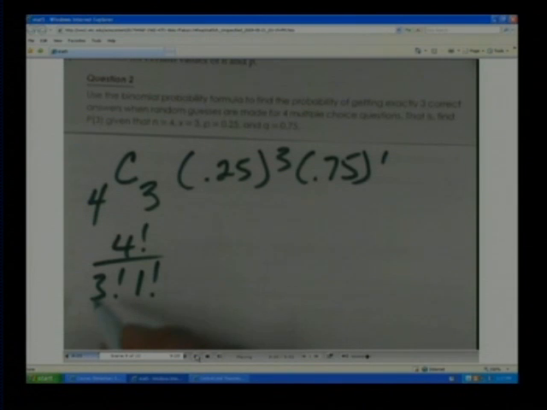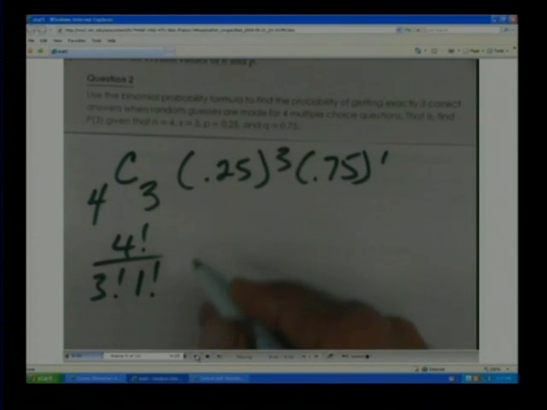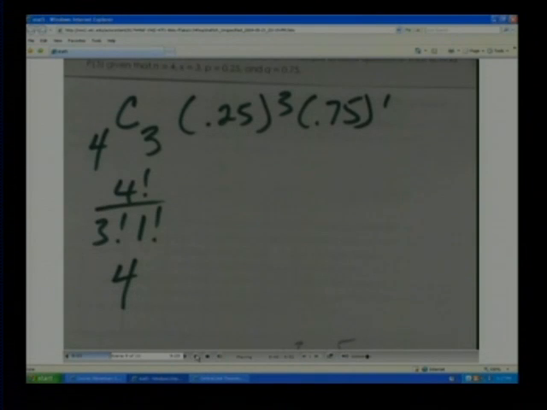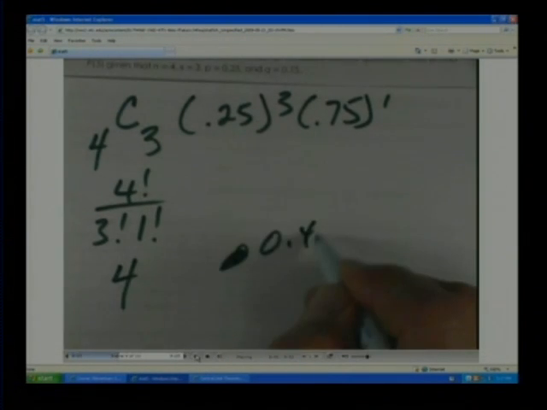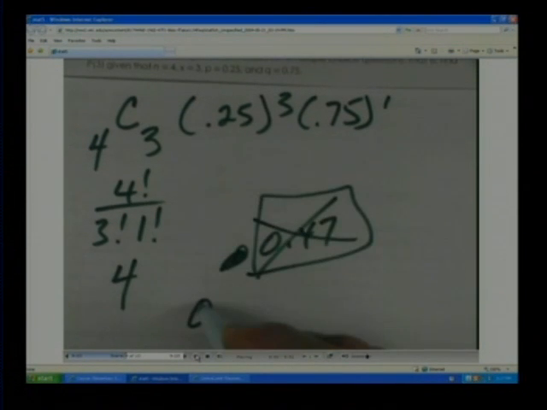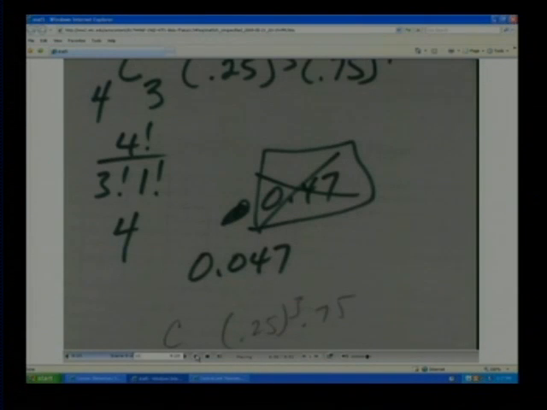You cancel terms out, and this turns out to be a 4. So you multiply 4 times all these probabilities here, and you get 0.47. Wrong. 0.047. Sorry about that. But that's less than 5%, so it would be considered to be a rare event.